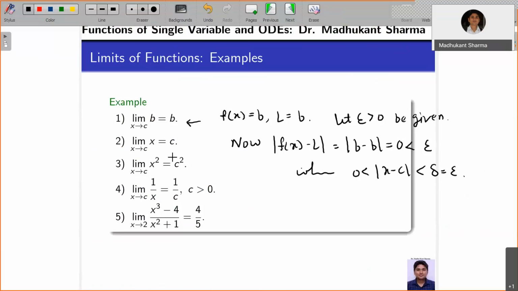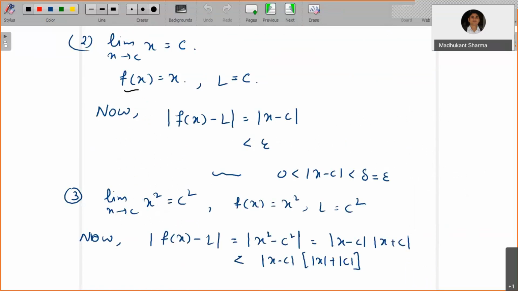Now, the next example, limit x tends to c of x equals c. If you compare here, f(x) equals x, L equals c.